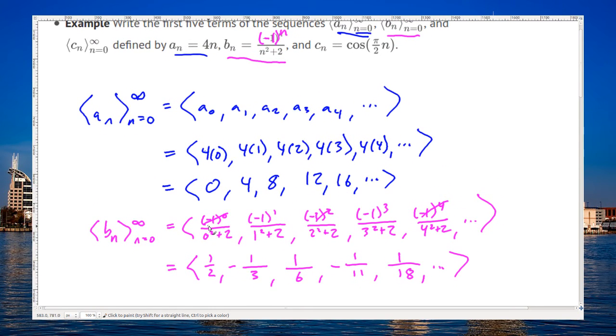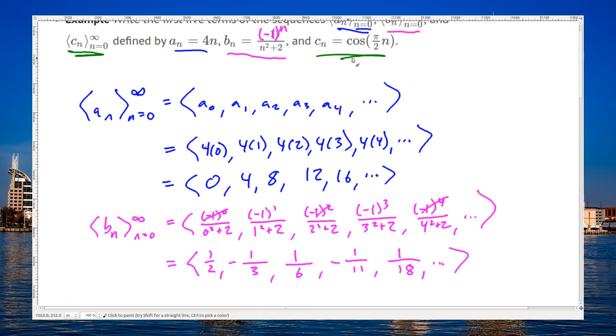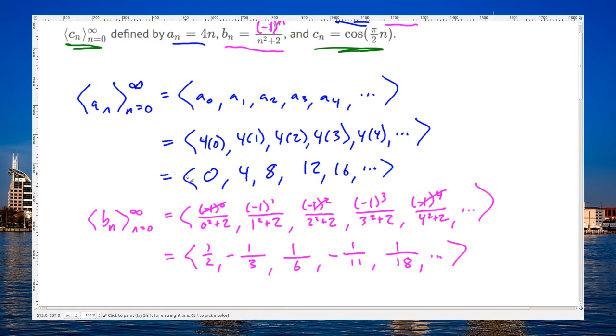Okay, for the last one, we've got this cosine thing here for the C term. I'll do that in green. So again, we're starting at 0, and it's given by cosine of pi over 2 times n.